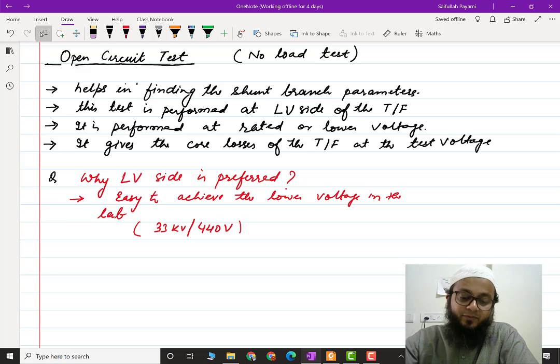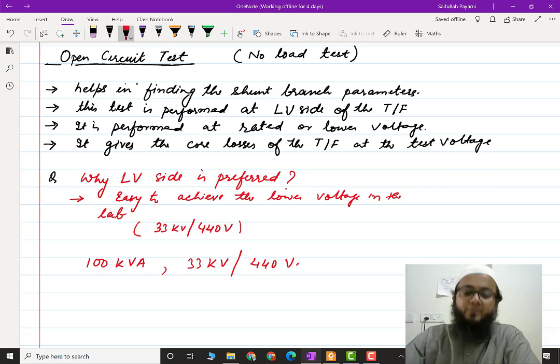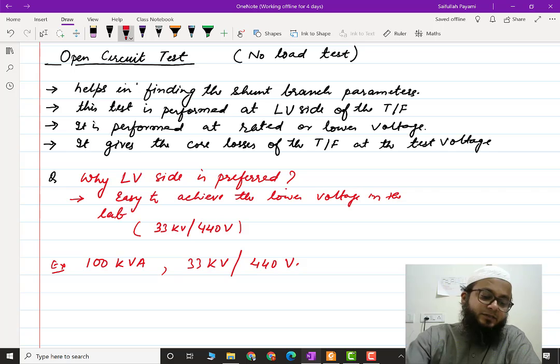Okay, because let's say a transformer of 100 kVA and 33 kV slash 440 volt. This is the transformer's rating.